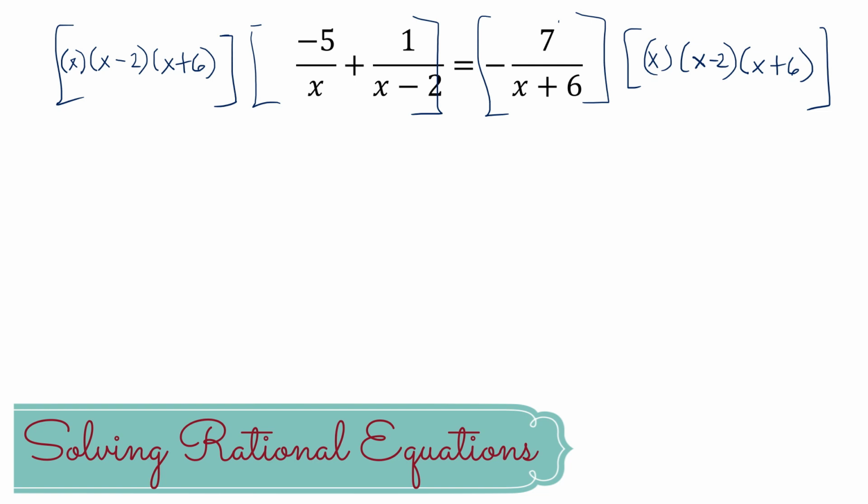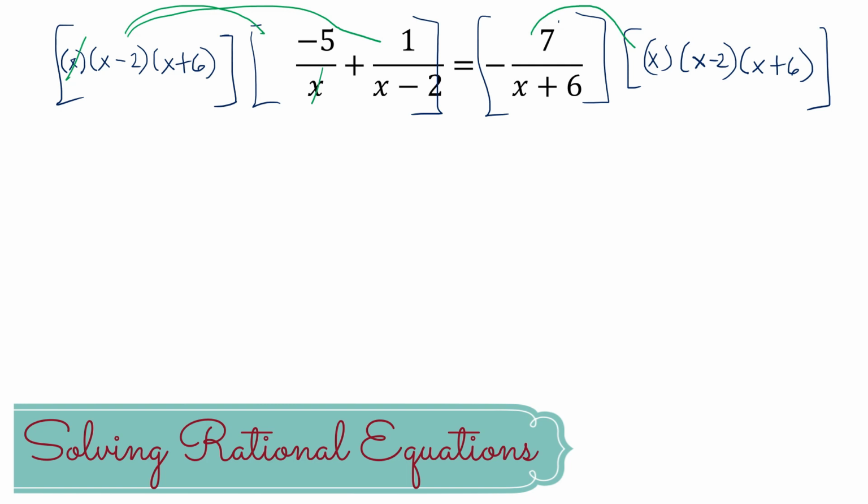Next, first, we're going to distribute this LCD to negative 5 over x and to 1 over x minus 2. Okay, same thing on the right side. We're going to multiply this negative 7 over x plus 6 by the LCD.